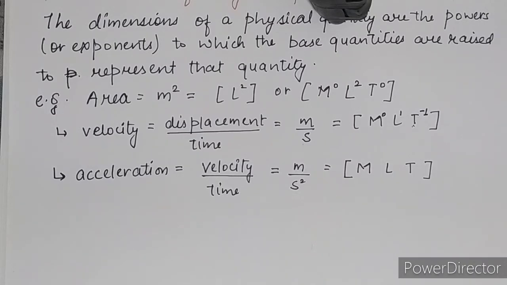Slowly, as we proceed in the syllabus and understand the chapters, you will be capable of writing dimensional formulas on your own. But you have to know the formula. If you know the formula, then you know the unit, and if you know the unit, it will be easy to write the dimensional formula. But always remember, the dimensional formula is written only with the help of MKS units.